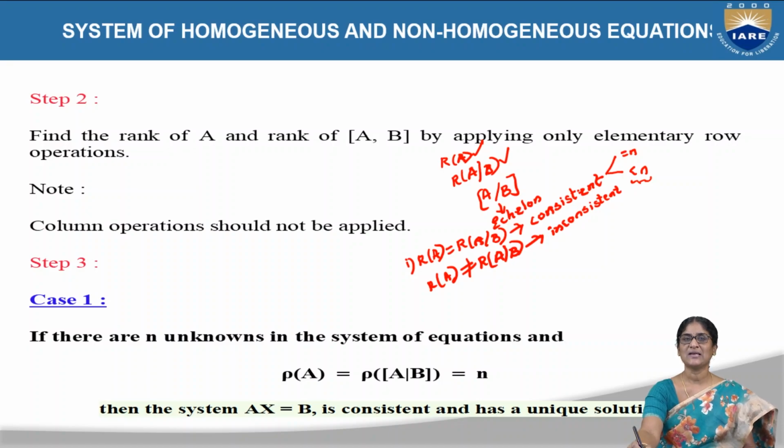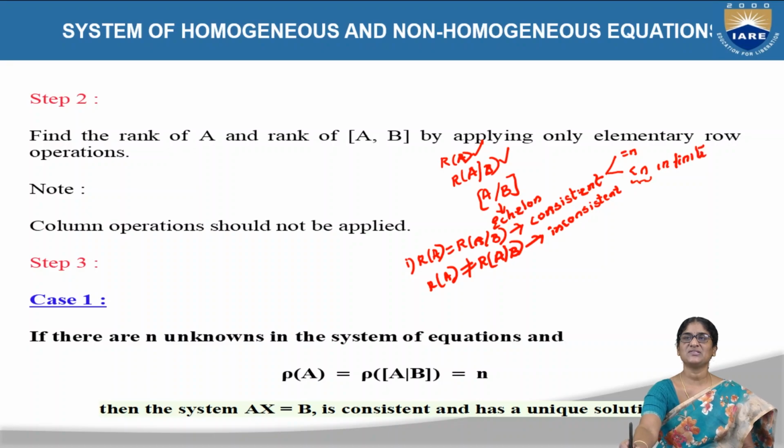So in that case, k is completely independent. That means it lies in your hand. So you can find an infinite number of solutions by substituting values for k here. So if R of A is equal to R of A by B and less than the number of variables, then that holds infinite solutions.